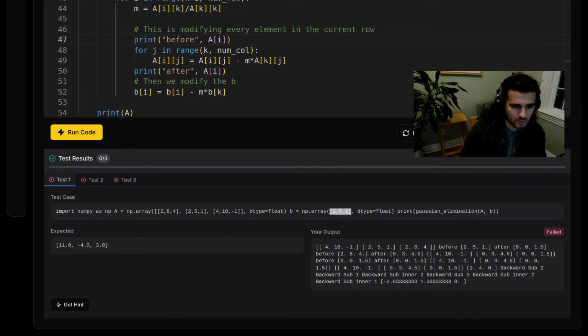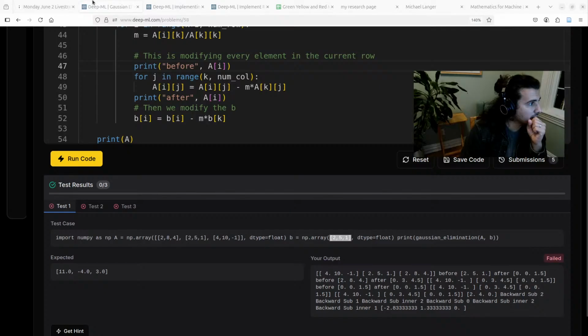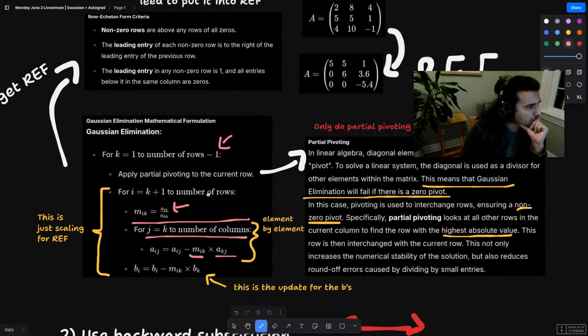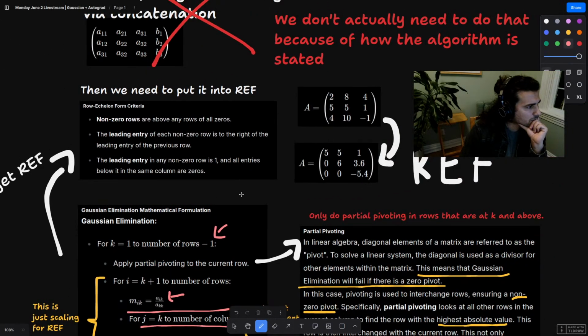So that seems fine. The actual answer seems fine. I think it's just me that is not understanding the algorithm properly. To the right, okay. The entry is a need on 0 row.